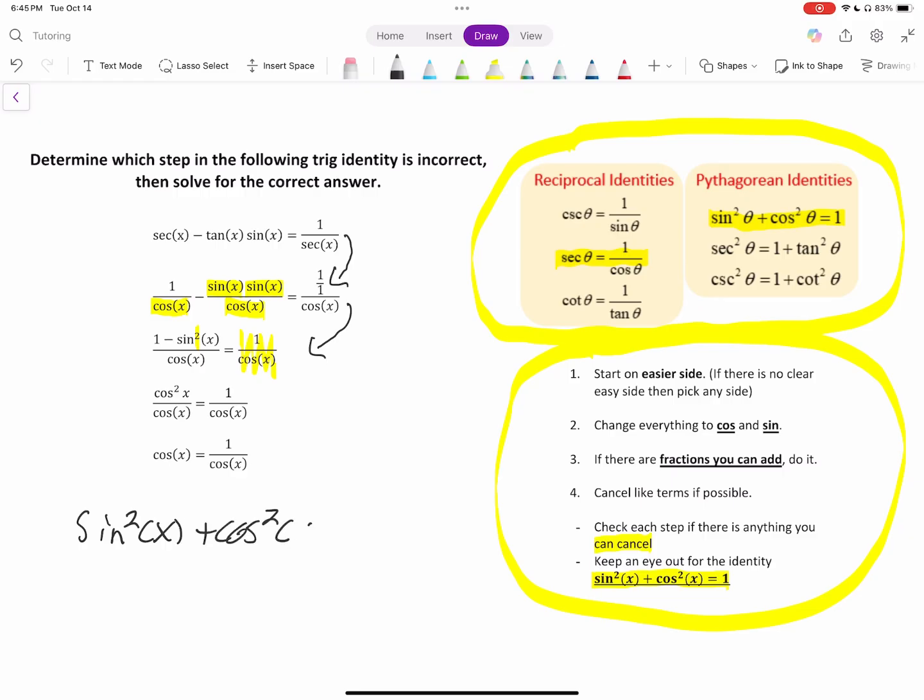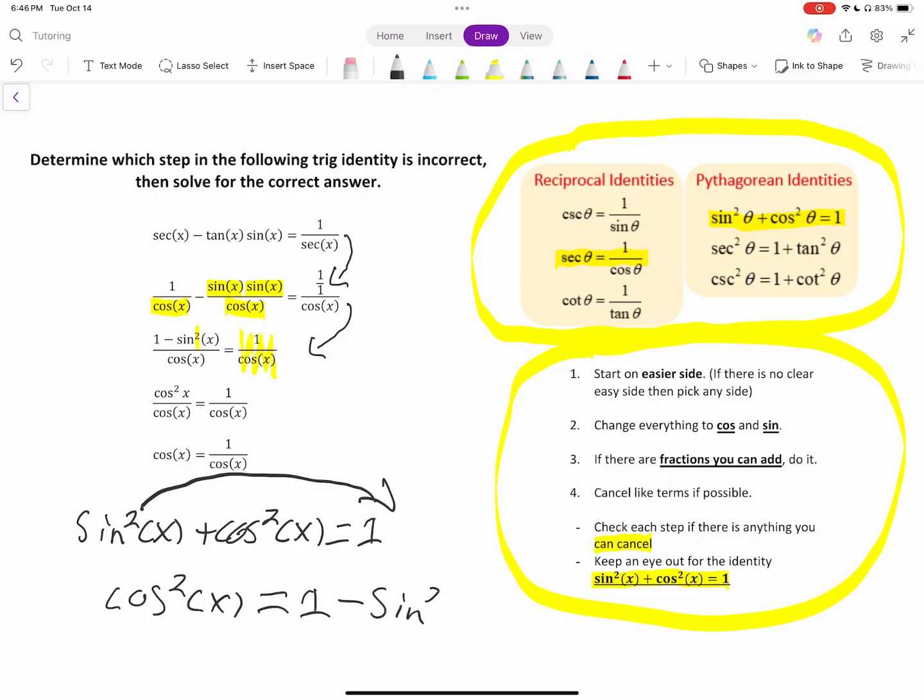Now, it's not that exact identity, but what we can do with that identity is rearrange the variables so that we can put sine squared x over on the side with the 1, which means that we are just now left with cos squared x is equal to 1 minus sine squared x, which is how they went from 1 minus sine squared x to cos squared x in step 4 of this question.